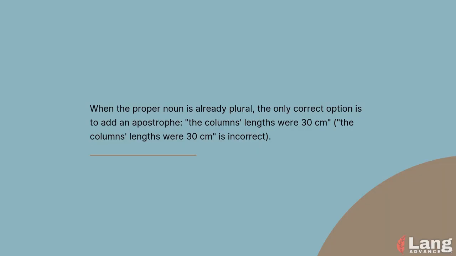When the noun is already plural, the only correct option is to add an apostrophe. The columns' lengths were 30 cm. The column's lengths were 30 cm is incorrect.